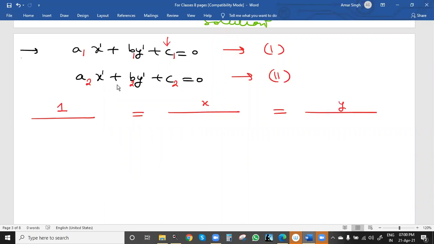This is the method in which we don't have to remember; otherwise, the formula is also given in the textbook. From here only the formula comes. So we write 1, then x, then y, and then we put first a. Start with the alphabets, start with a, b first. Then here b, c. Then after bc, ca. This is the pattern: ab, bc, ca. We don't have to see here.